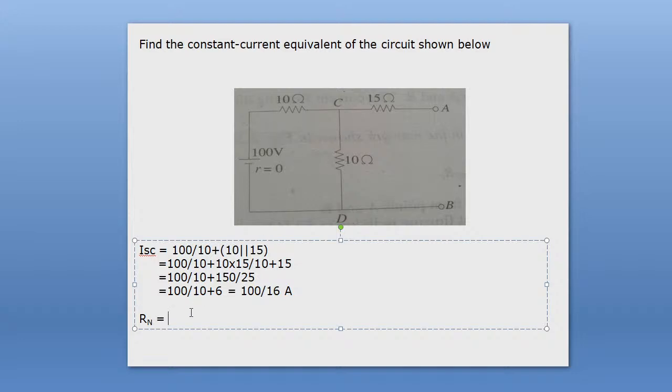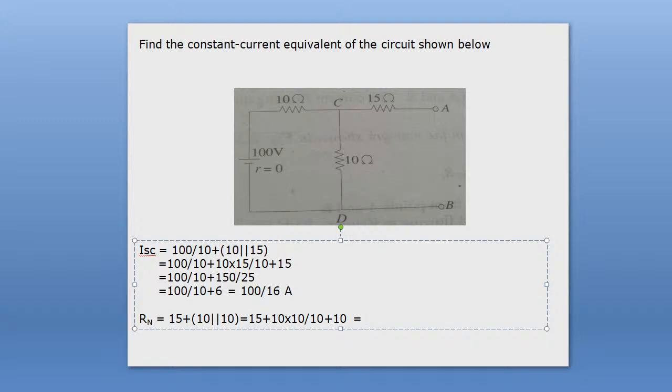So therefore we can write 15 plus 10 parallel 10. So therefore we can write 15 plus 10 into 10 divided by 10 plus 10.